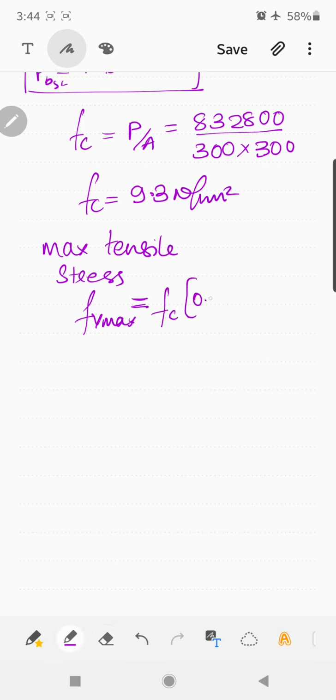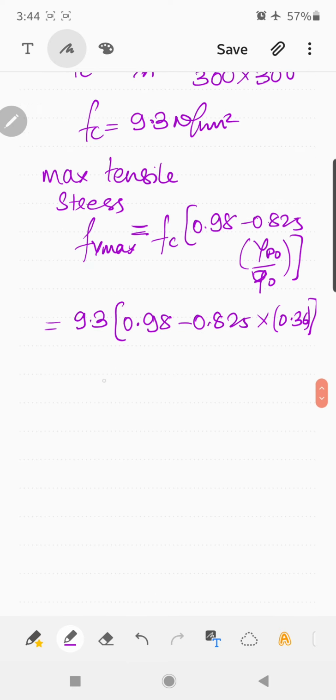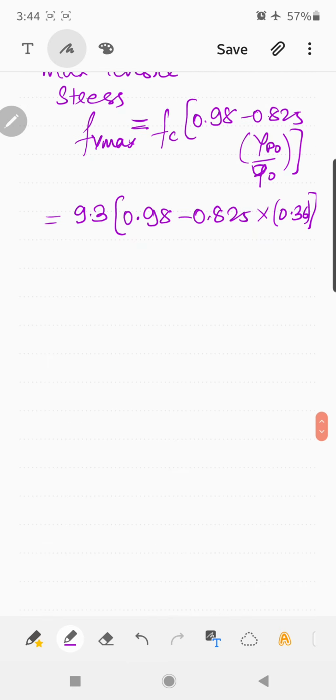So this is 9.3 into 0.98 minus 0.825 into the ratio 2yp0 by 2y0, which will be 0.36, the distribution ratio. You can calculate it earlier and substitute here. So your FV max will be 6.35 Newton per mm square.